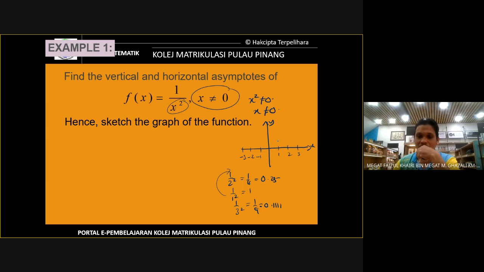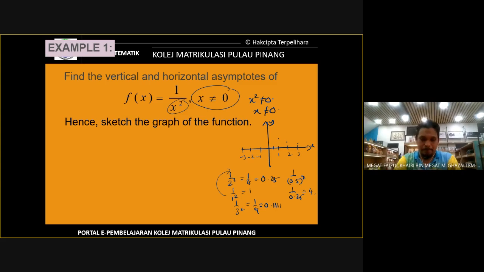So when x equals 1, 1 over 1 squared is 1. When x equals 2, 2 squared equals 4, so 0.25, and then 0.11. But when it comes to 1 over 0.5 squared, which is 1 over 0.25, 1 over 0.25 is 4, I think so.